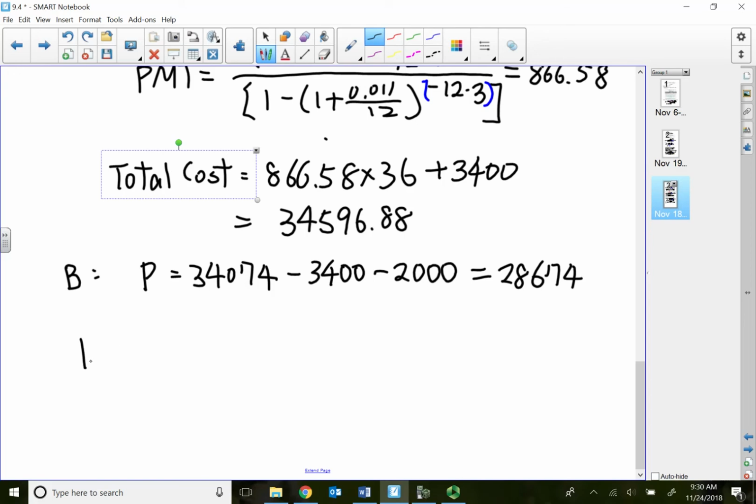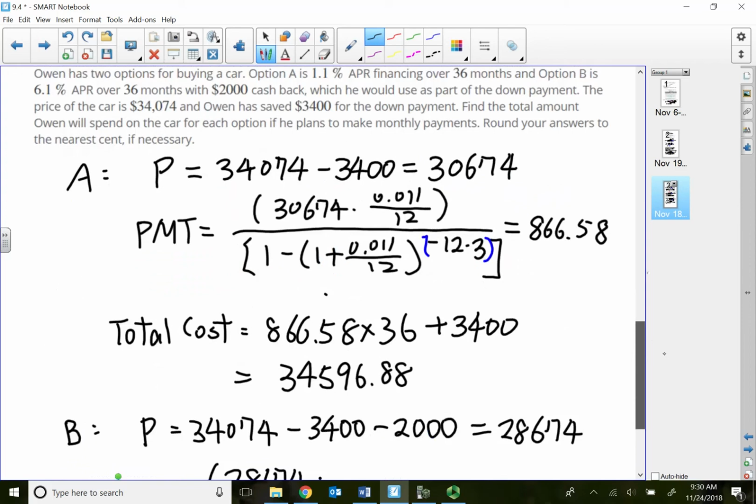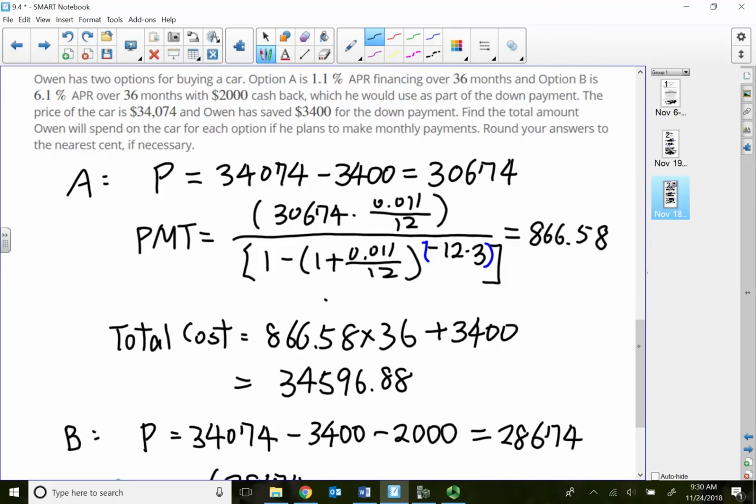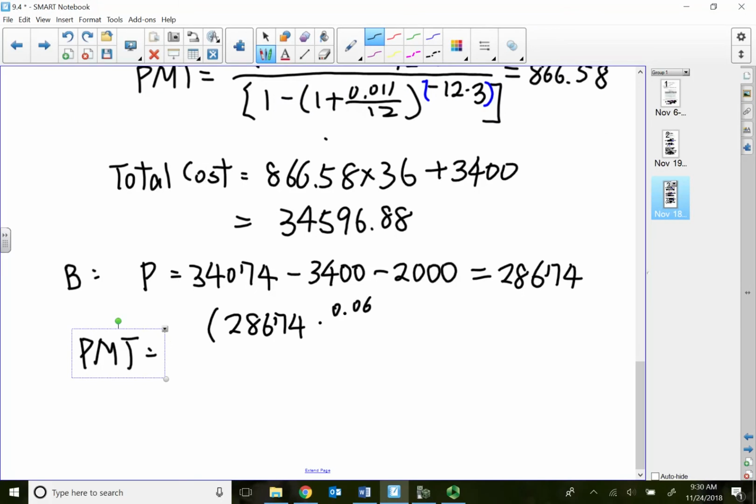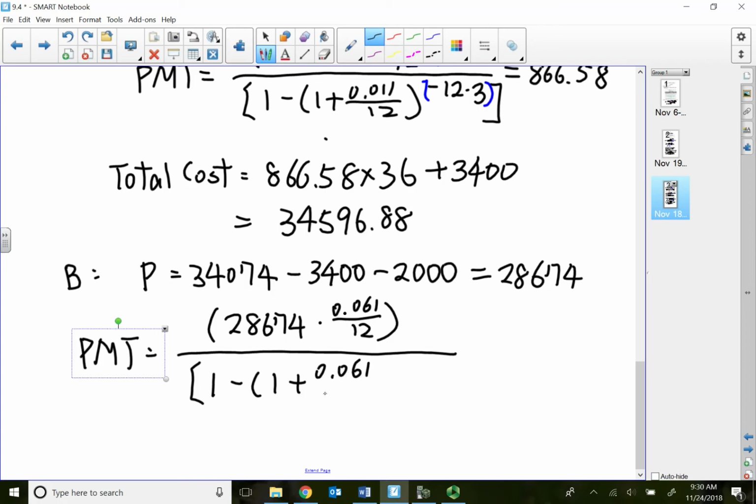Now let's do the same thing. Let's find his monthly payments. Let me write it out. 28,674 times, his interest rate for option B is 6.1%, still for 36 months, 0.061 divided by 12, whole thing, over brackets 1 minus parenthesis 1 plus 0.061 divided by 12, whole thing raised to the negative 12 times 3 years.